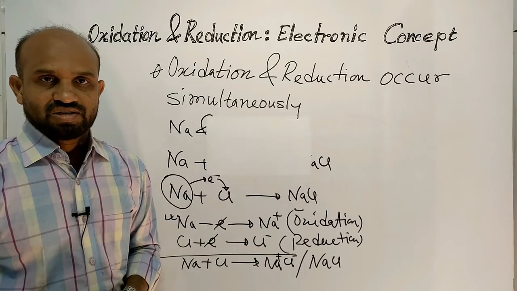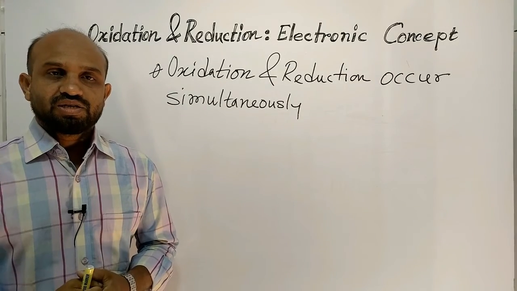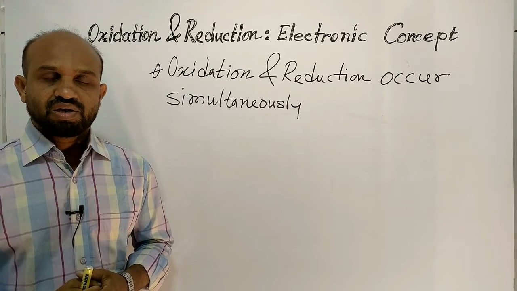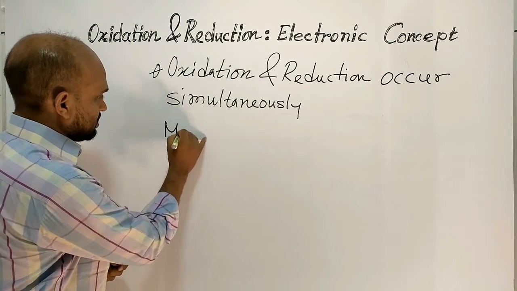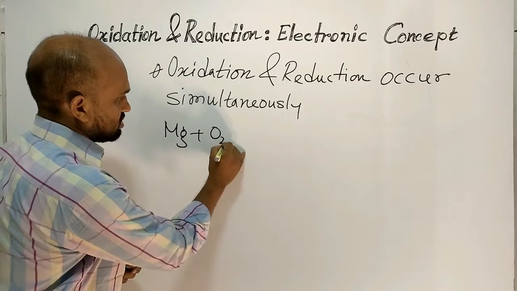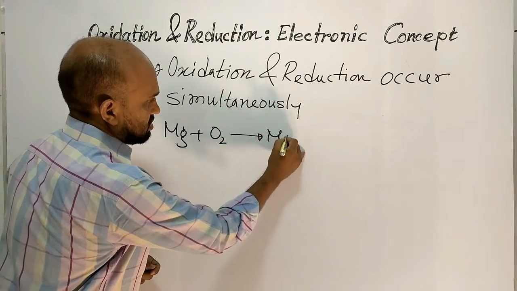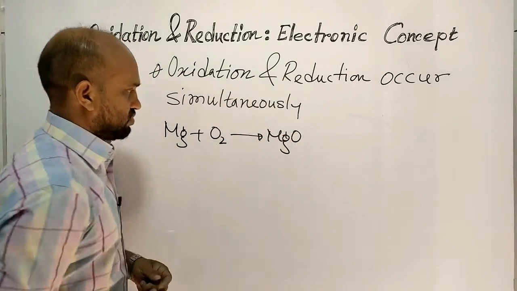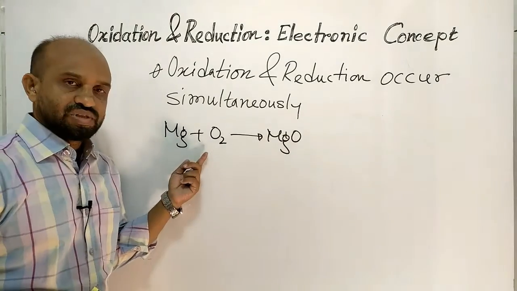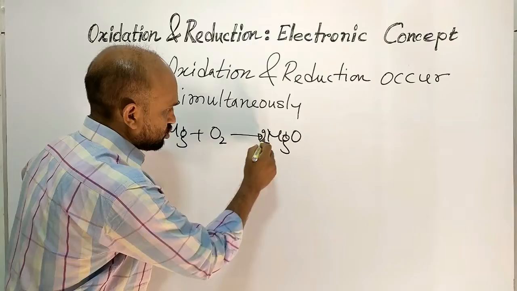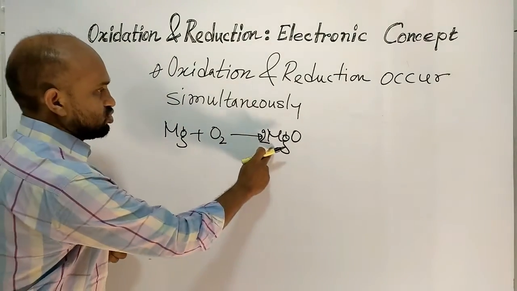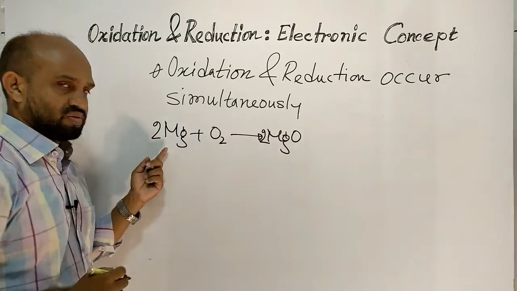Let's see another reaction. Now the reaction is between magnesium and oxygen. When magnesium is treated with oxygen, then magnesium oxide is formed. If this reaction is balanced, then we can put 2 here, then 2 magnesium, here 2.